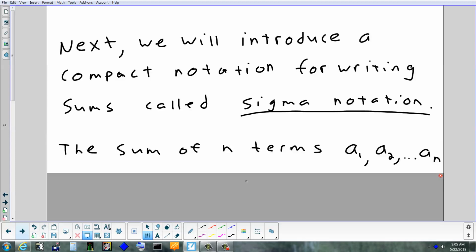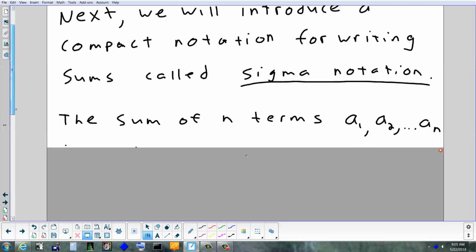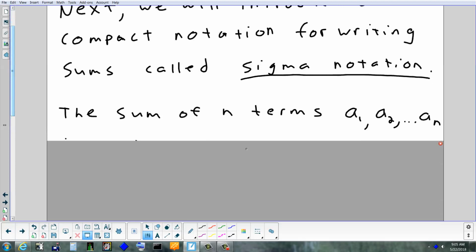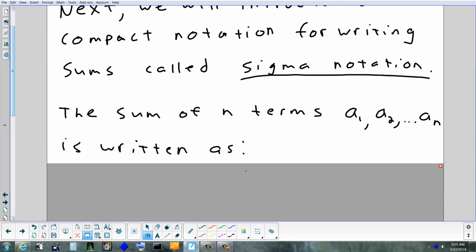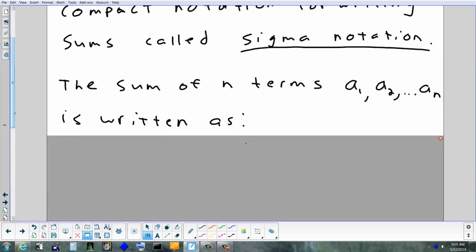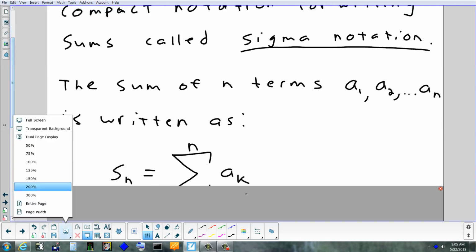Let me show you. Let's say you wanted to add up all these numbers in that sequence, sequence a, up to the nth term. Instead of writing a1 plus a2 plus a3 dot dot dot plus a_n, what you could write is this.